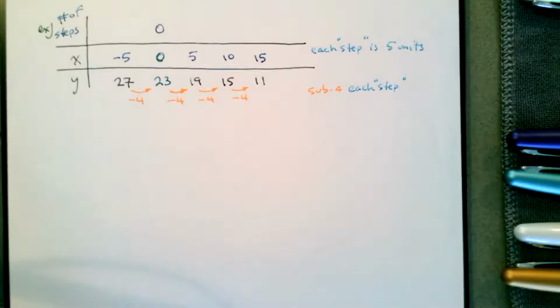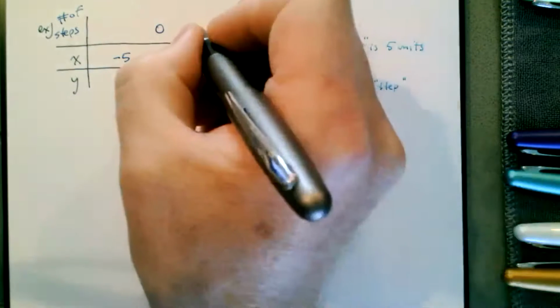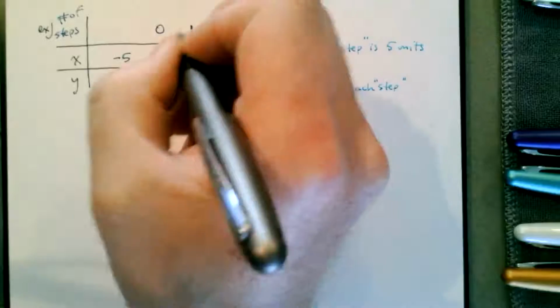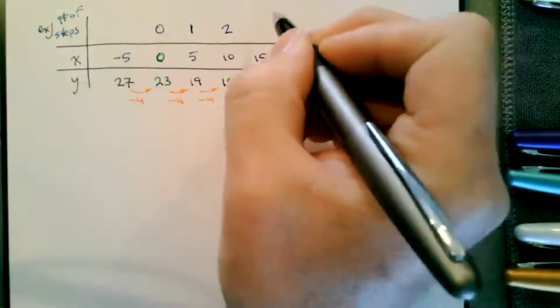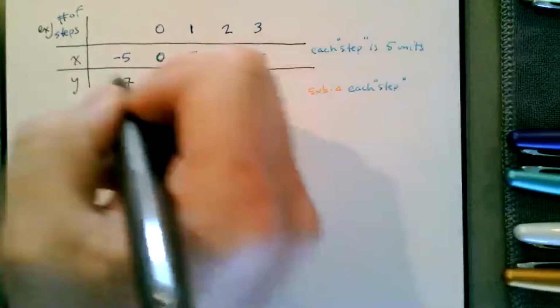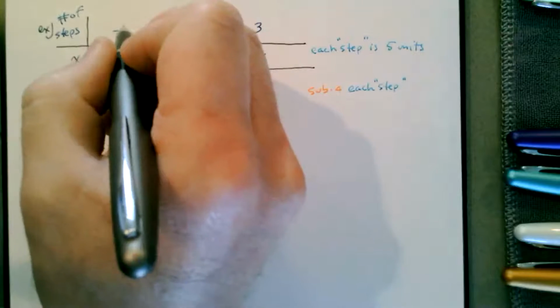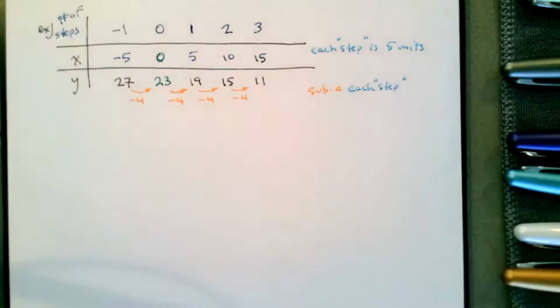Each step is 5 units. So when x is equal to 5, that's 1 step. When x is equal to 10, that's 2 steps. When x is equal to 15, that's 3 steps. And so when x is equal to -5, that's -1 step. Weird to count with negative numbers, but totally doable.